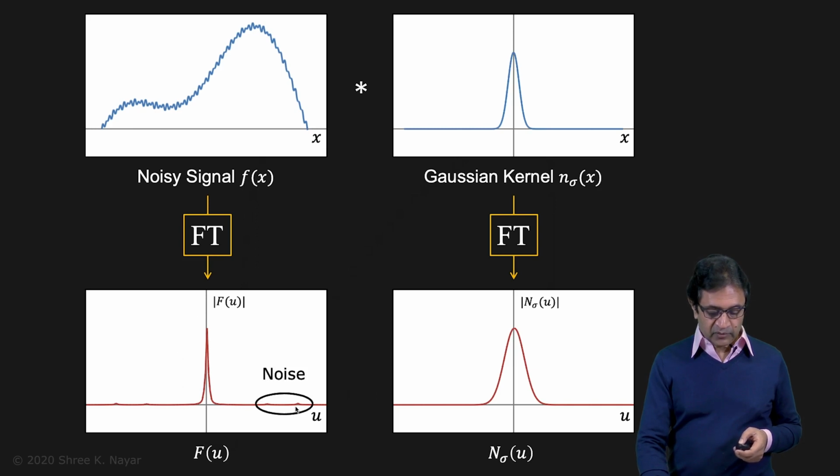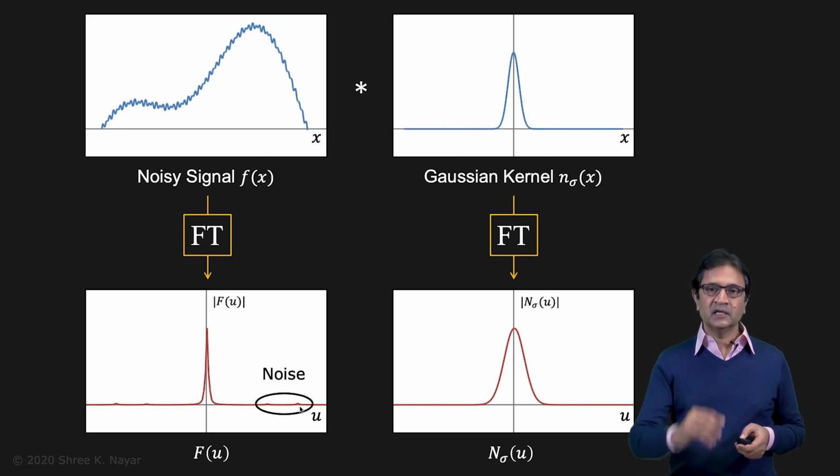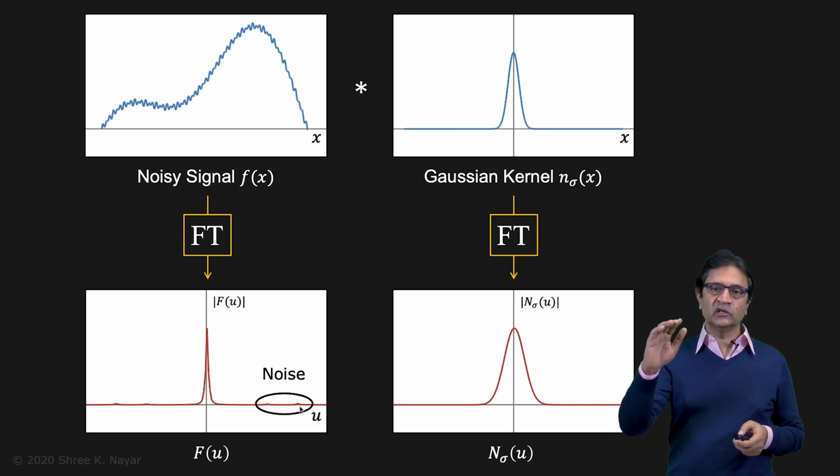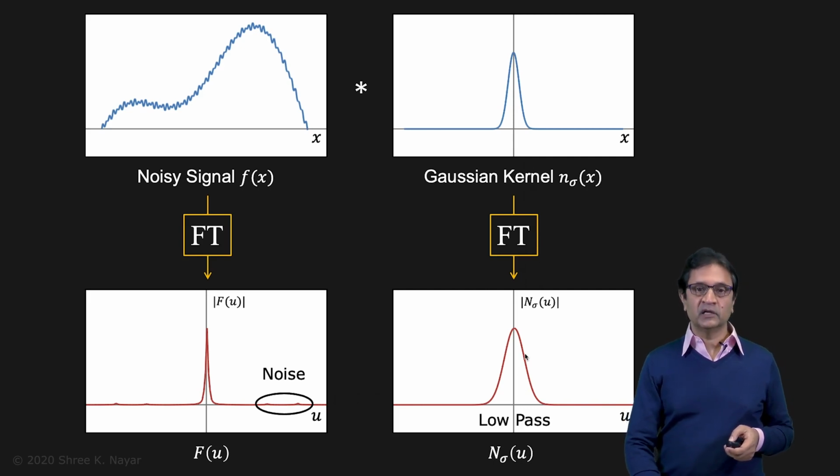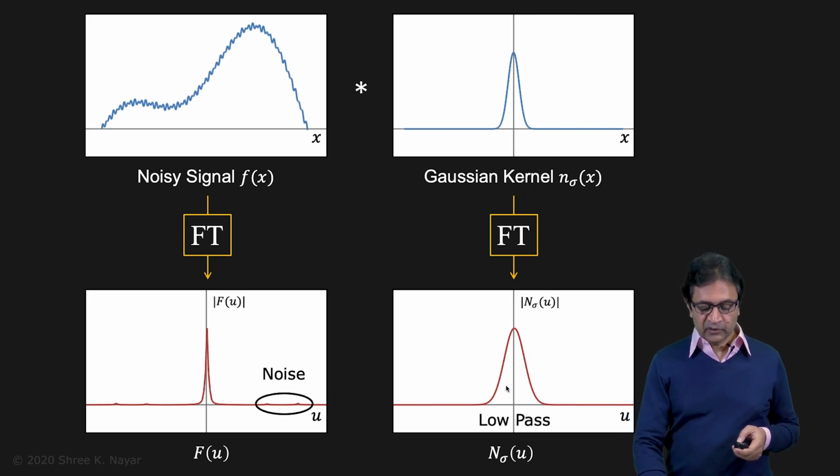These two little bumps that you see off to the side is the high frequency noise that you actually want to remove. And this Gaussian kernel, or its Fourier transform, we know the Fourier transform of a Gaussian is a Gaussian, and what this does is that it acts like a low-pass filter. It passes frequencies in this region, and it essentially kills all the frequencies that are high.